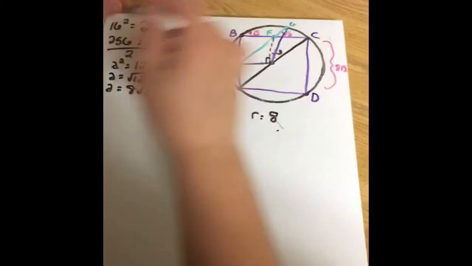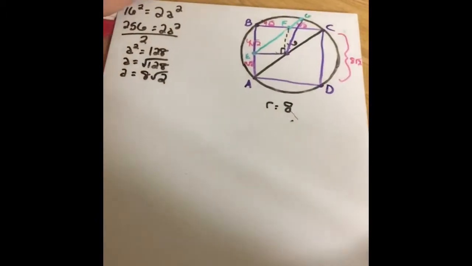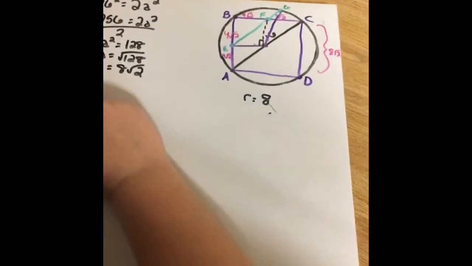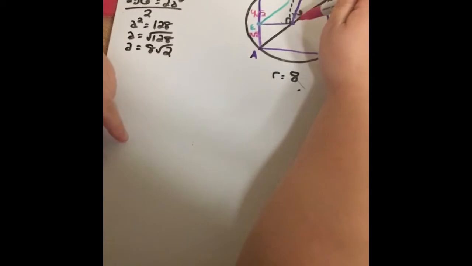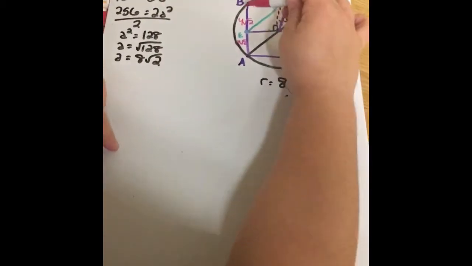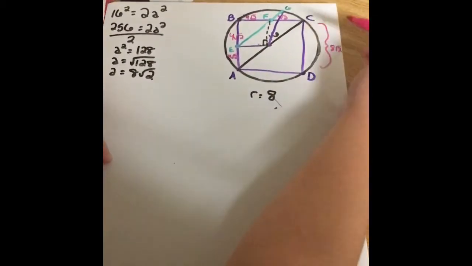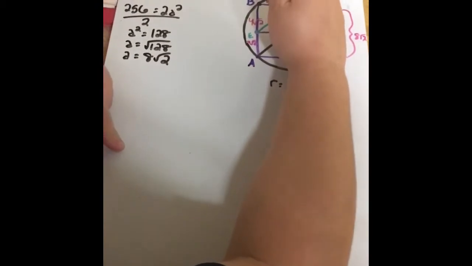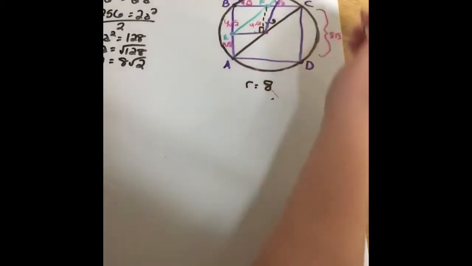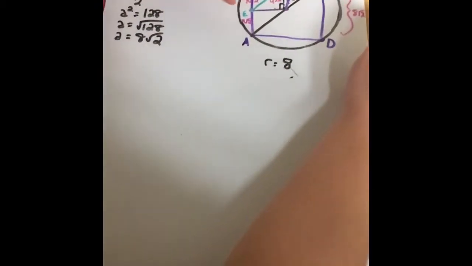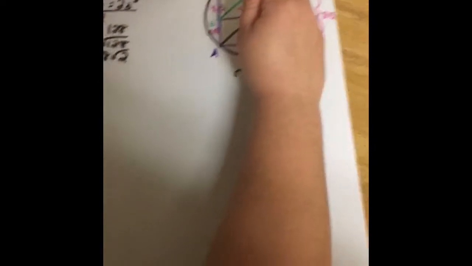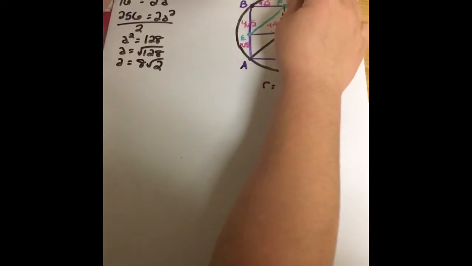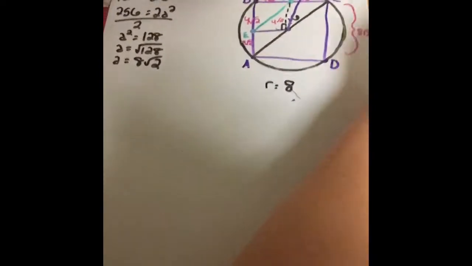So we know that this length of the dotted black line here has to be 4 root 2. And that's because when you go from F to the center of the circle, you're taking this height and dividing it by 2. So we know it's 4 root 2. Now we also know that this purple length here is 8, and that's because it goes from the center of the circle to the outside of the circle, and we know that's the radius.